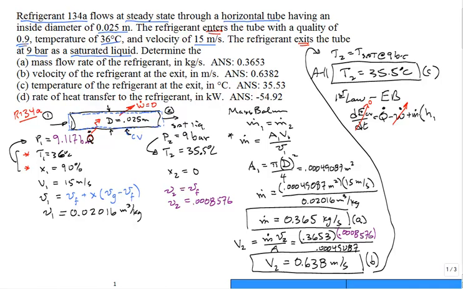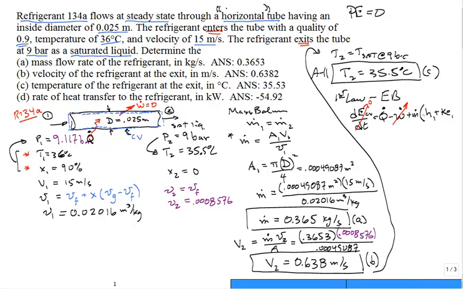And then we think about it. Is there any potential energy I need to consider? Any kinetic energy I need to consider? Well, it's a horizontal tube, and so right away the potential energy effects are negligible because it doesn't change elevation from inlet to outlet. Okay, but what about the kinetic energy? Well, let's include the kinetic energy coming in. So it's both the enthalpy plus the kinetic energy coming in.